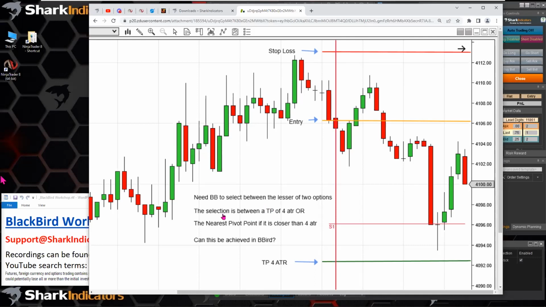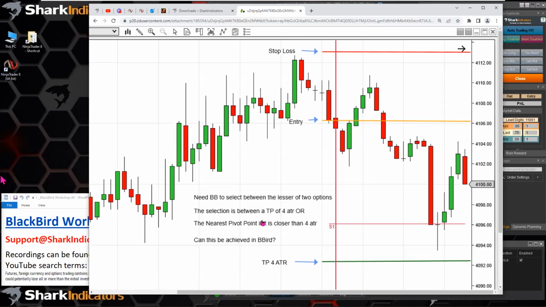And this is a pretty classic example, where they want to set their stop loss at either 4 ATRs or the nearest pivot point, or the nearest swing point, whichever is closer to where the market currently is at, right?